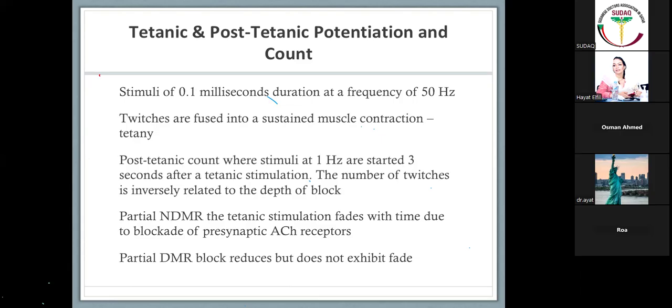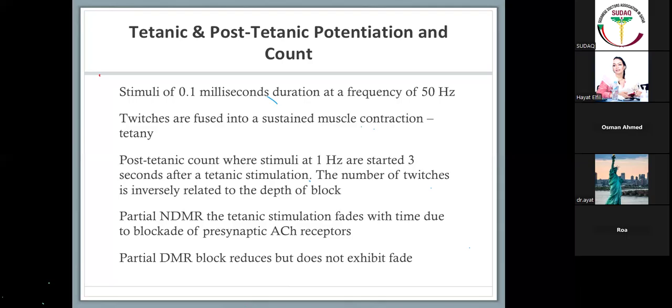Usually it is 50 hertz, and the twitches with this high frequency will fuse together to give you a sustained muscle contraction, which we call the tetany. Okay, post-tetanic count: after the tetany happened, then after 3 seconds you start 1 hertz stimulation. So you have to wait for 3 seconds and then start the stimulation.